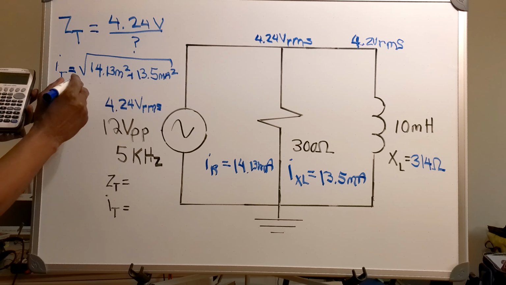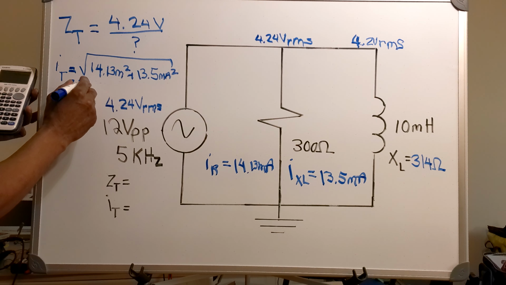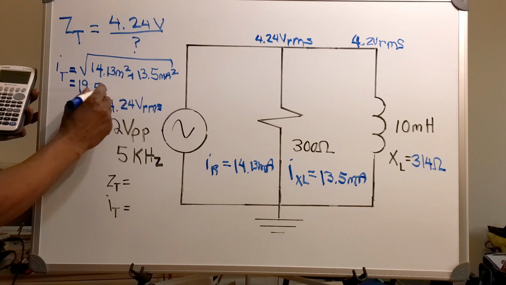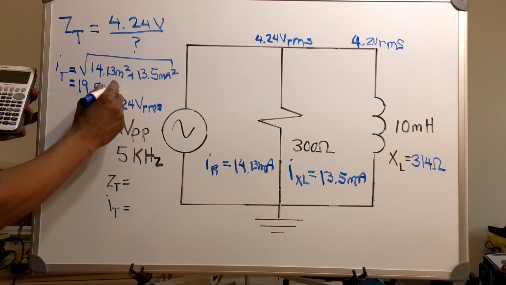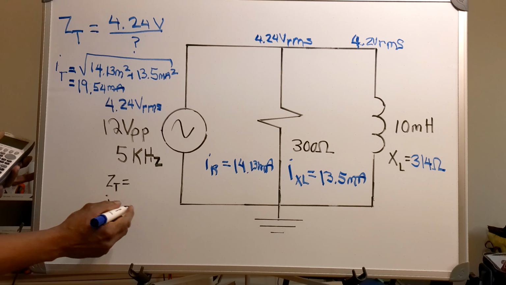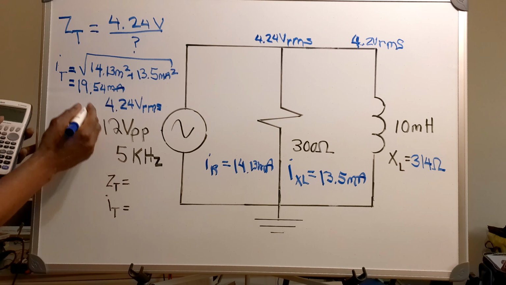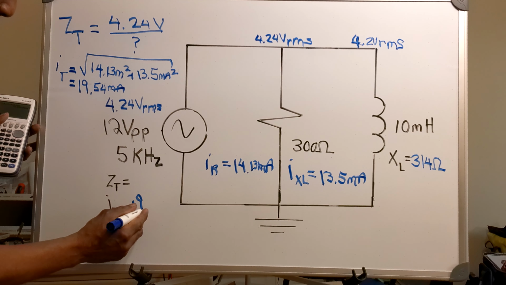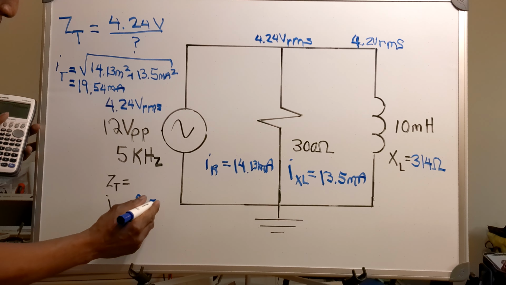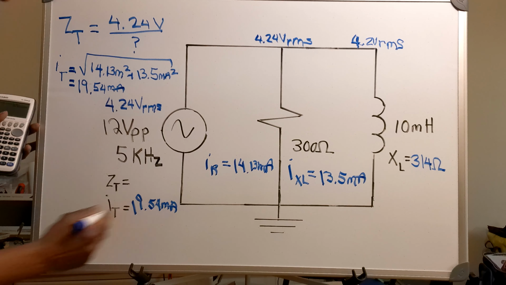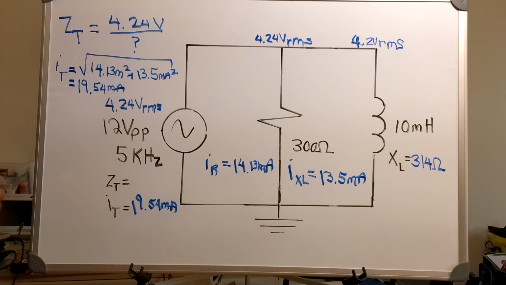That gives me a current of 19.54 milliamps. So my total current equals 19.54 milliamps.